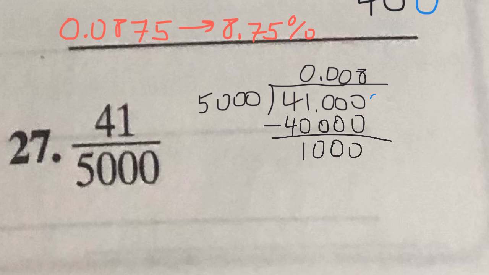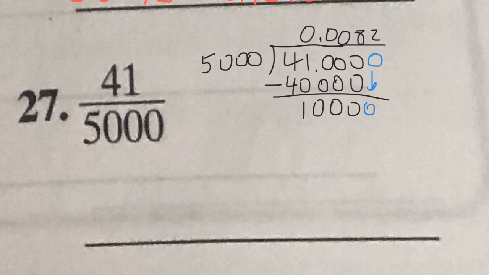We could always add on another 0 here and bring it down. So now we have 10,000. So how many times does 5,000 go into 10,000? 5,000 times 2 would give us 10,000. And that would give us exactly 10,000. So we're done with that part.